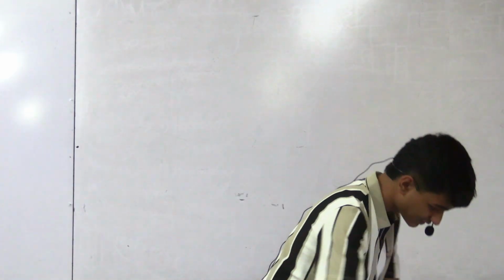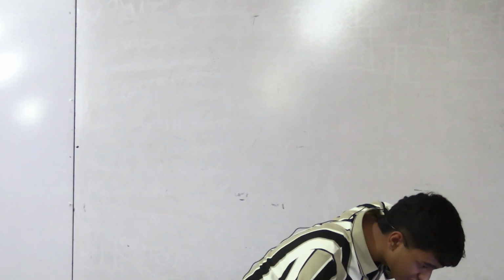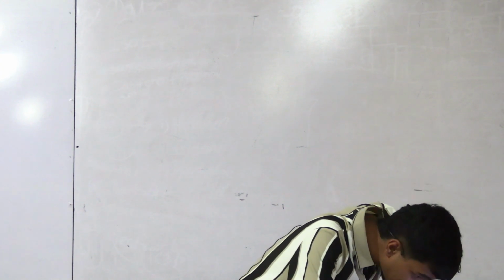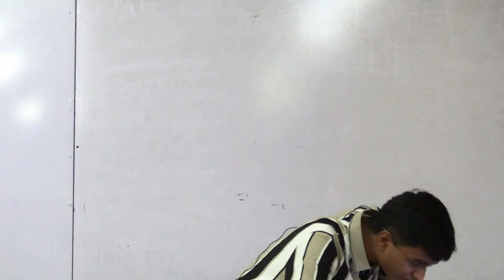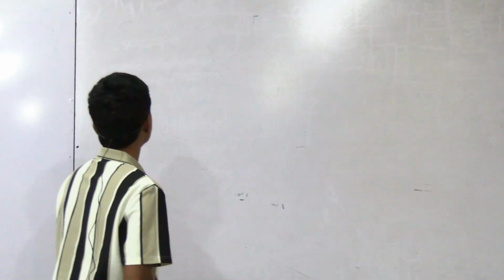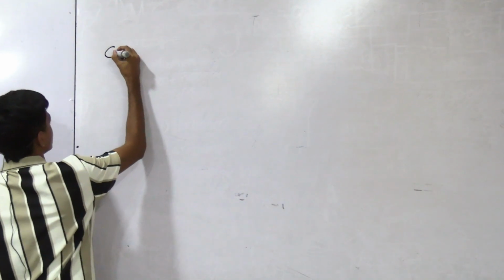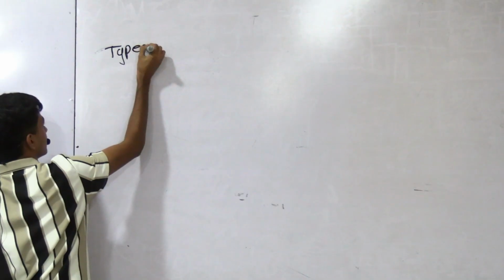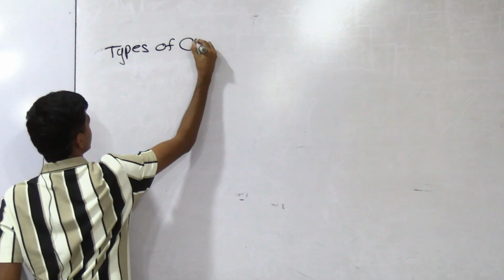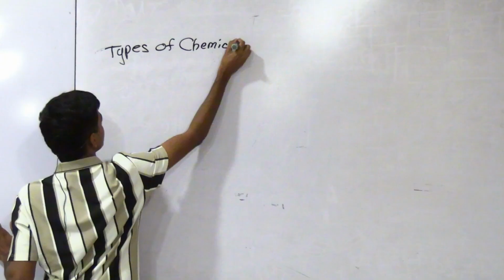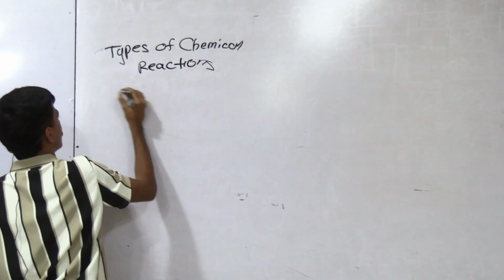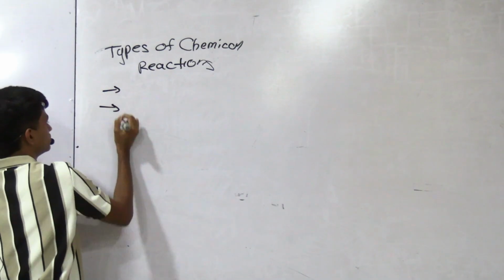Okay, question number 5. Consider the following chemical reaction. Zinc sulfate plus X gives X sulfate plus zinc. Okay, chemical reactions. We have types of chemical reactions, right? I'm going to go over two types here.